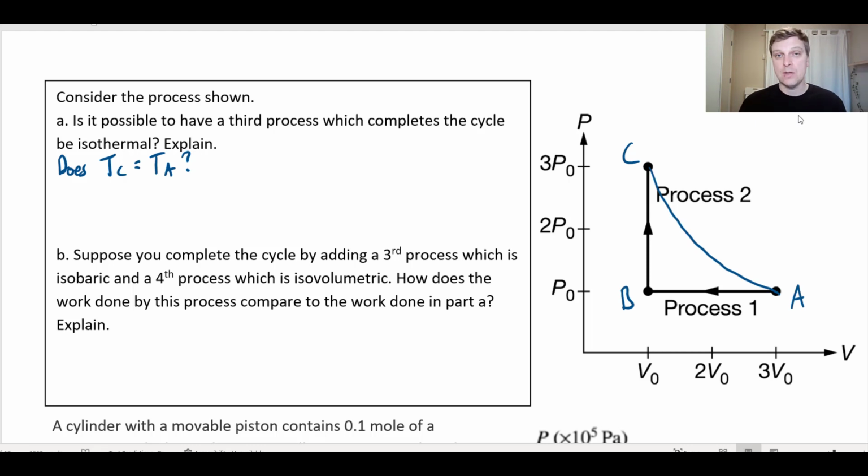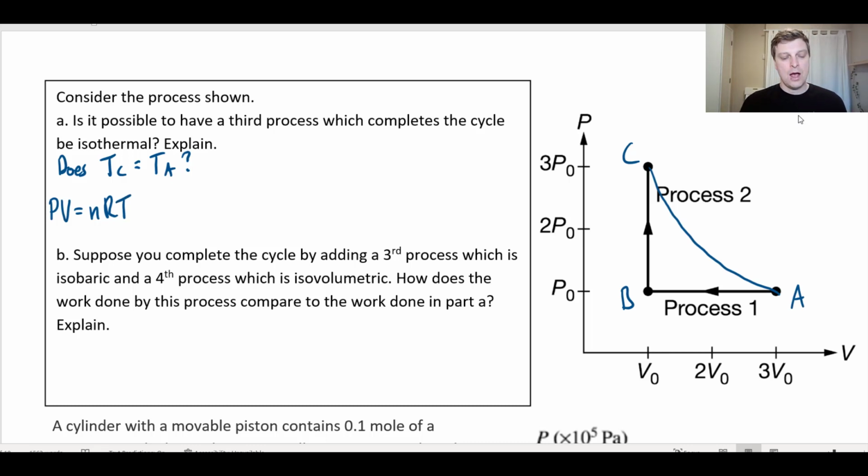Because if it is the same temperature, then yes, I can connect them with an isotherm. I don't have to. I can connect them with any other process or set of processes, but I can connect it as an isotherm. So basically we're asking, does temperature C equal temperature A? And remember that this brings us back to the ideal gas law, PV equals nRT.